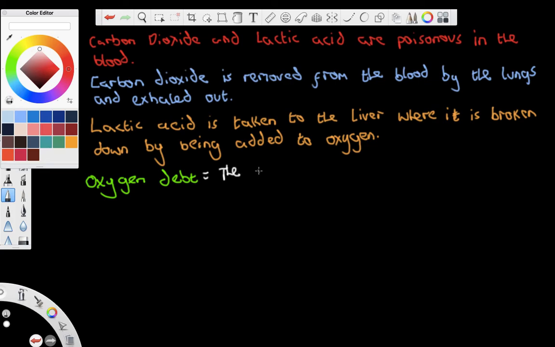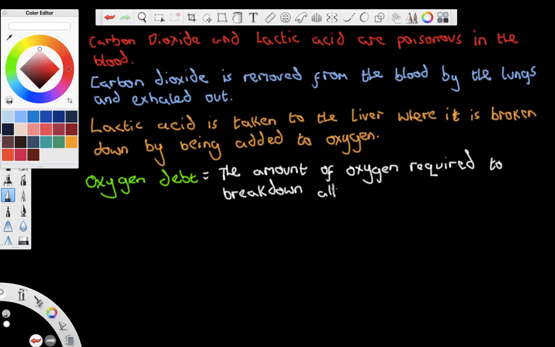So, the amount of oxygen required to break down all of the lactic acid in the liver.